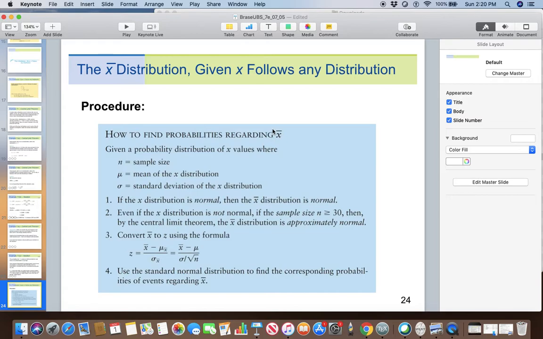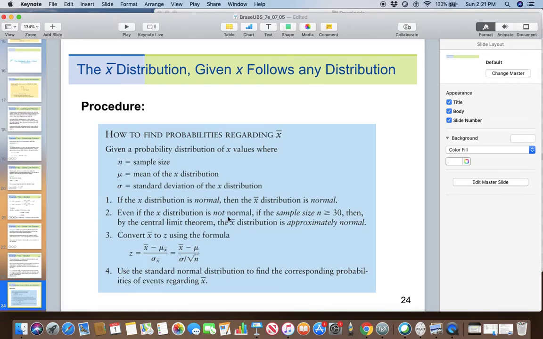So how do we find probabilities for X bar? Well, suppose you are given an X, where n is the sample size, mu is the mean of X, and sigma is the standard deviation of X. If X is normal, then X bar is normal.